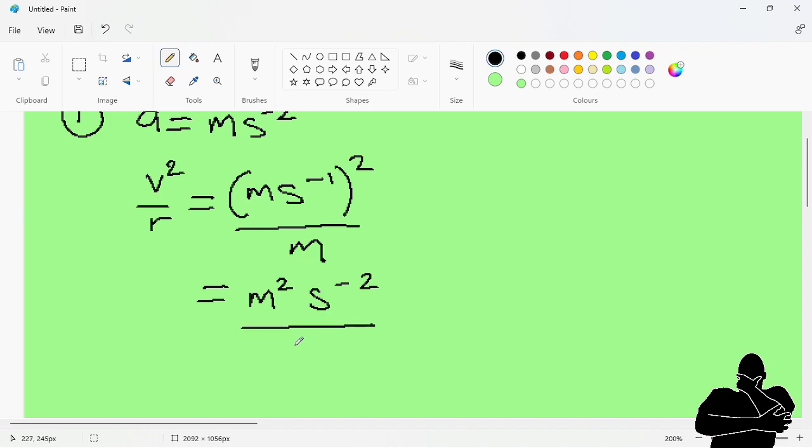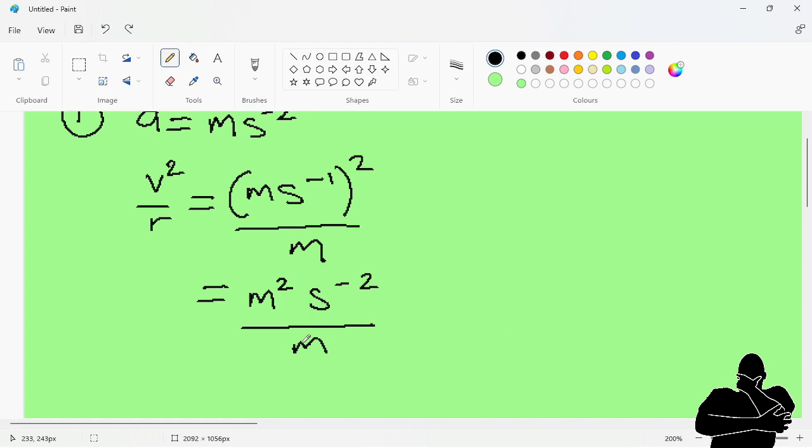We can rewrite our denominator, which is m. Here we see that the meters in the denominator cancels with one of the meters in the numerator. The reason that is so is because meters squared is basically meters times meter, and then we have meter in the denominator. If we do this, we remove a meter from the numerator and we're left with just meters.